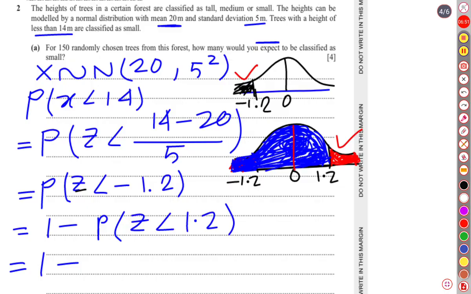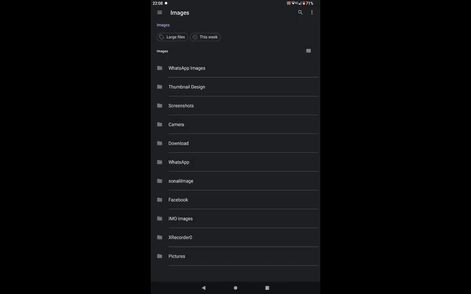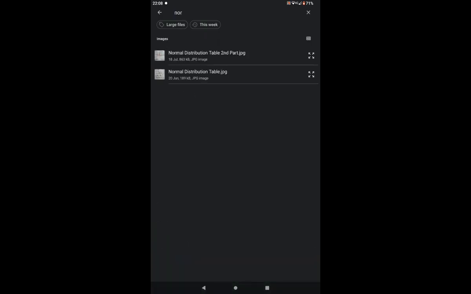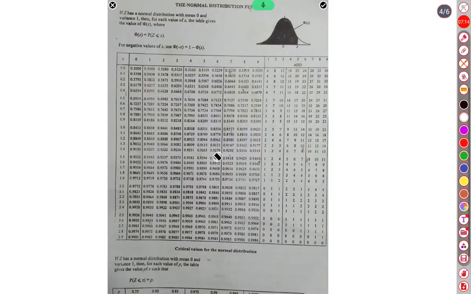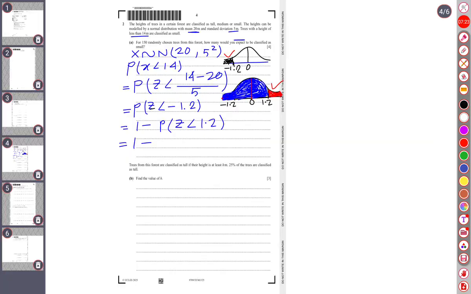For that, I will have to collect this image. Yes, over here, not over here, on the other page.